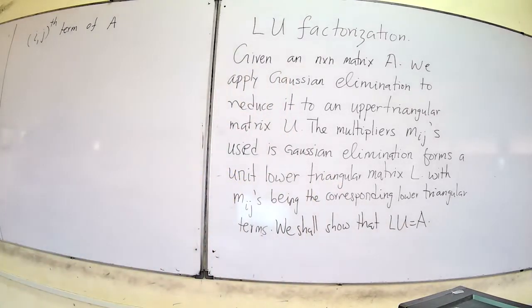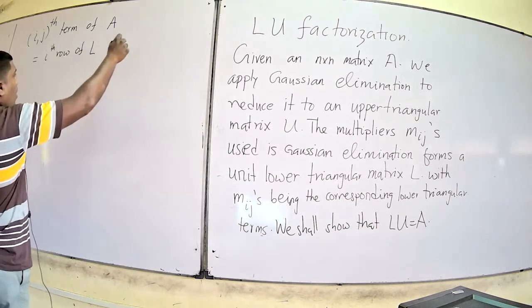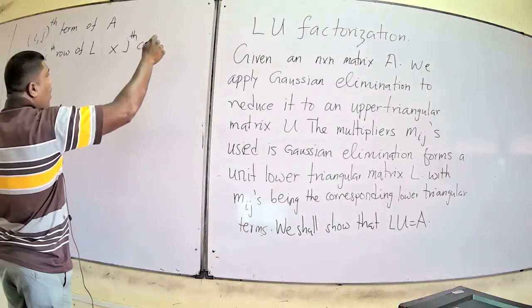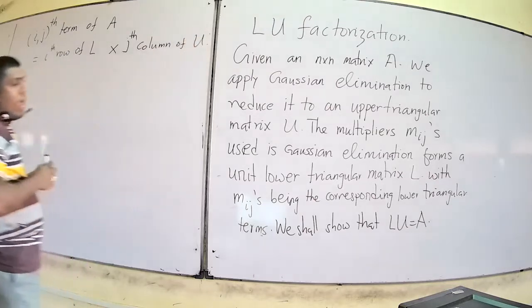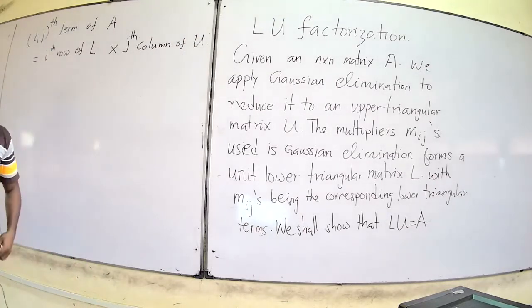According to matrix multiplication, the ij term of A is obtained by the ith row of L multiplied by the jth column of U, which gives you the ijth component of the product LU, which is A. When you multiply two matrices, you multiply the row of the first matrix with the column of the other matrix to get the corresponding component.